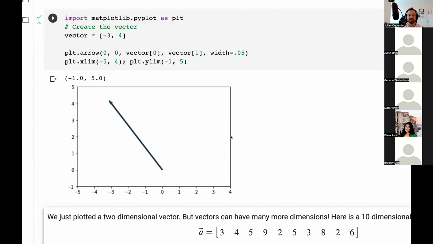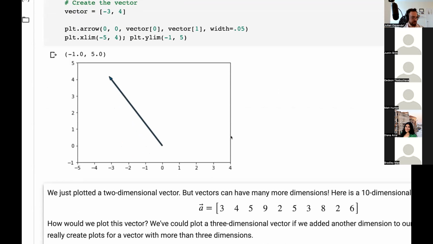However, it gets a little bit tricky when you start thinking about 3 dimensions, because a 3-dimensional vector incorporates a z value, where you would have your values x, y, and z.